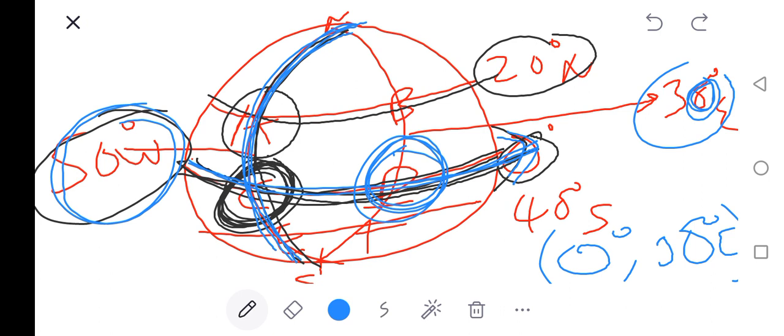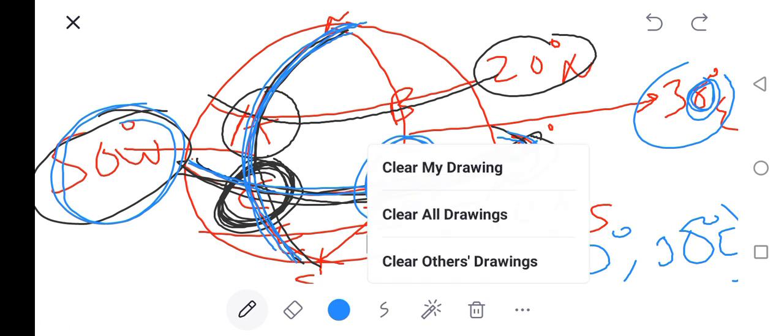Let's go to circumference. You have to master the formula for the circumference.